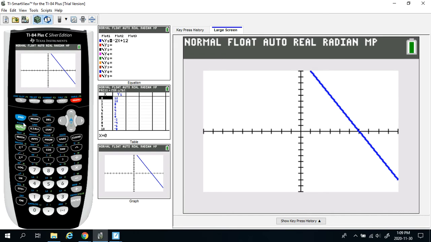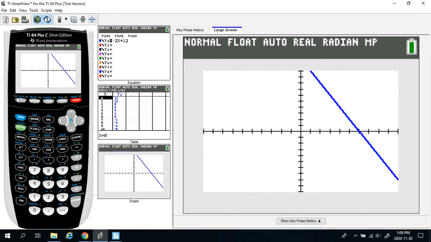I can see the x-intercept, no problem. It looks like the x-intercept is where x is 1, 2, 3, 4, 5, and 6. But the y-intercept is beyond the actual graph here. The graph goes up to a y maximum value of 10. So maybe we'll change it to 15.